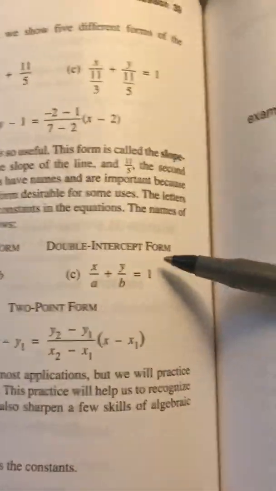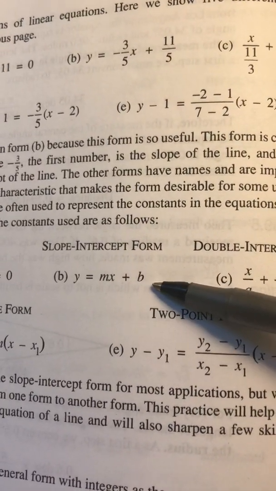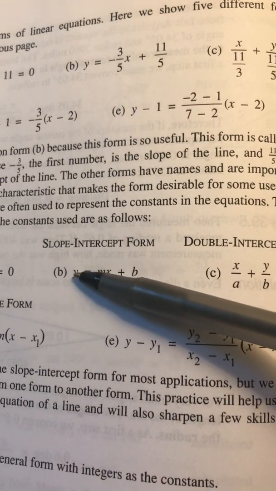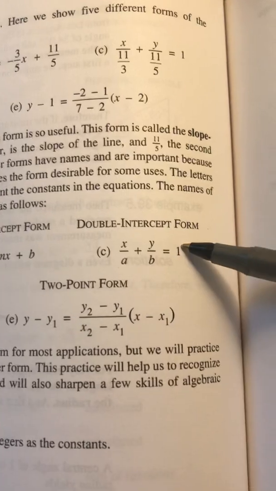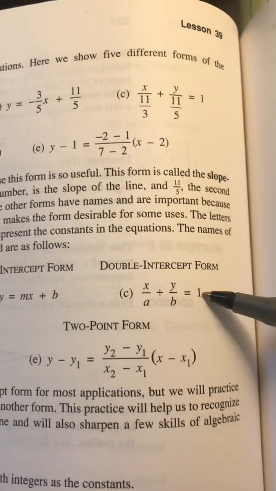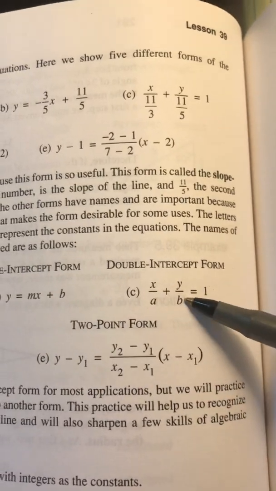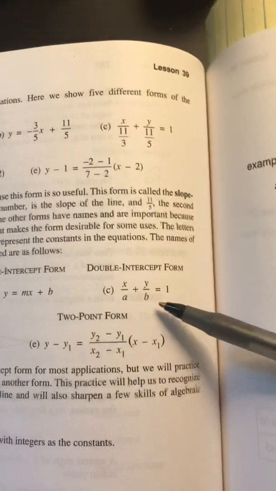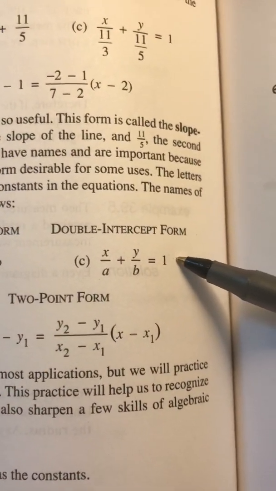Last but not least is the double intercept form. When you get a slope intercept form like this, what happens if you get all the x's on one side, all the y's on one side, and then this whole number b on the other side? Then you divide both sides by b. Okay, this is confusing because they put b here, right? Technically, it's the same b, but you have to make the right-hand side equal 1 for double intercept form, okay?